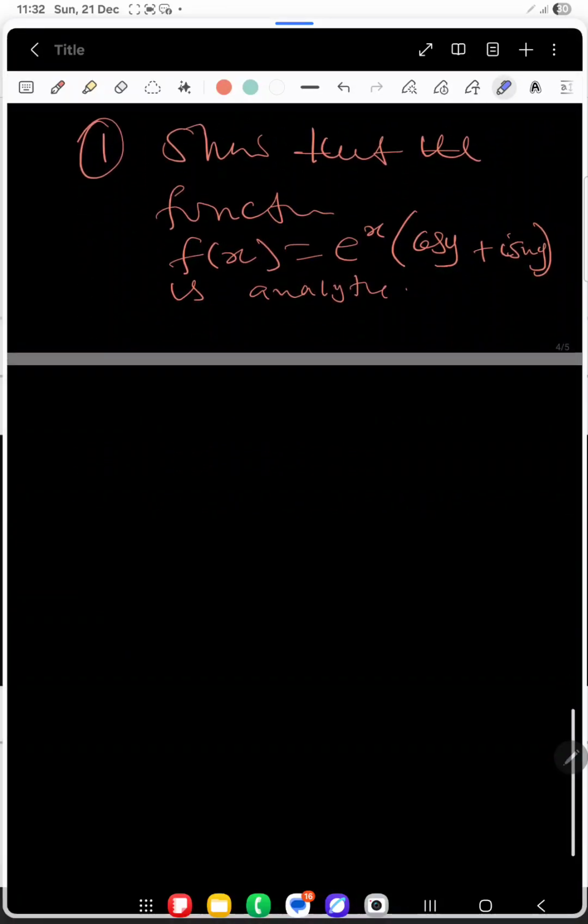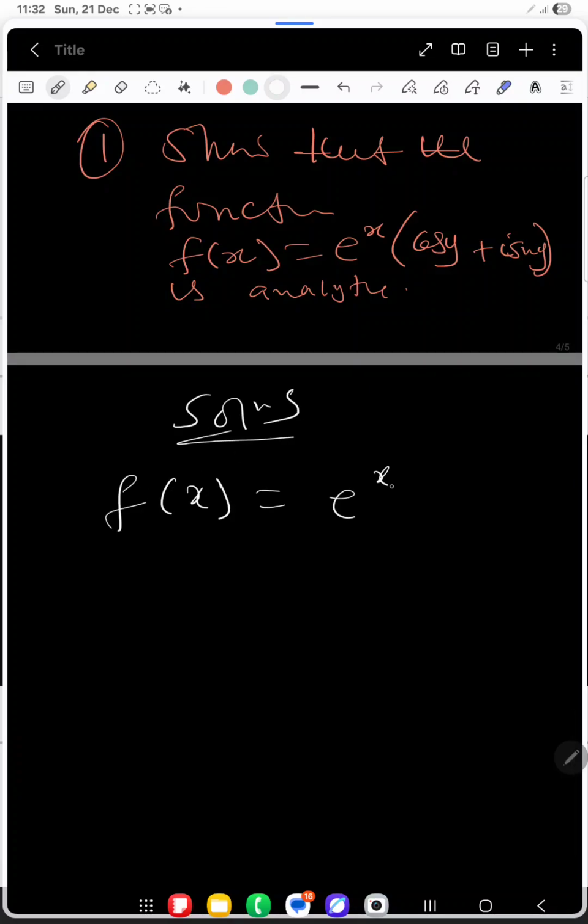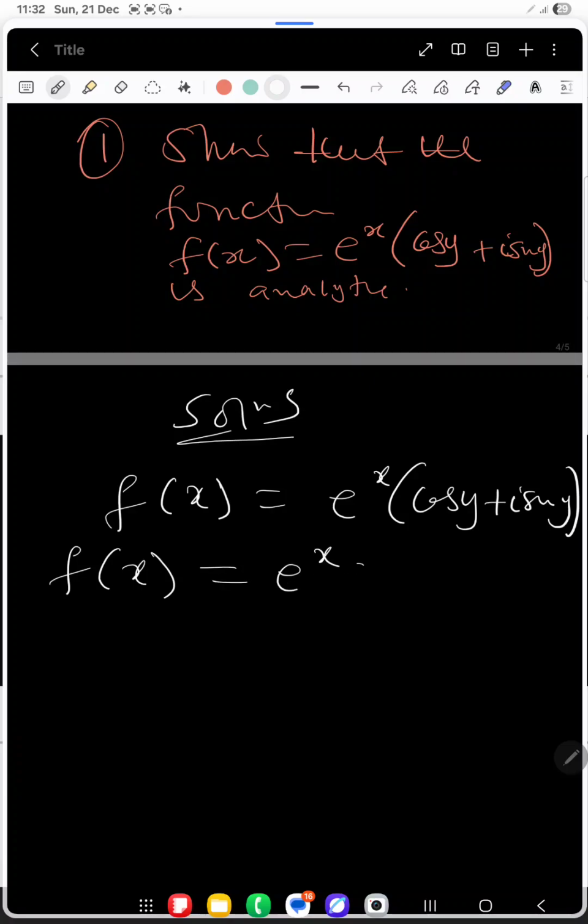Now for that, solution: our f is given to be e^x (cos y + i sin y). First we multiply the e^x outside with what is inside, so f equals e^x cos y plus e^x i sin y.